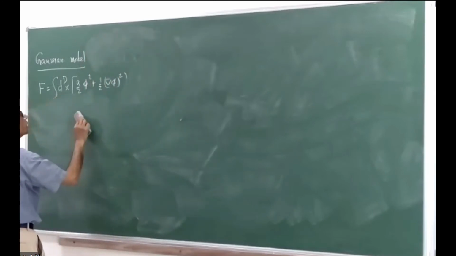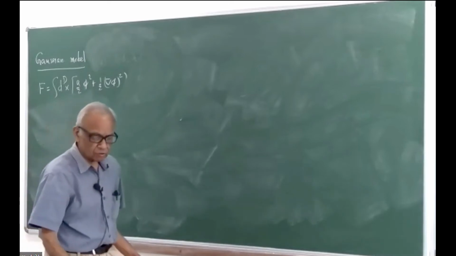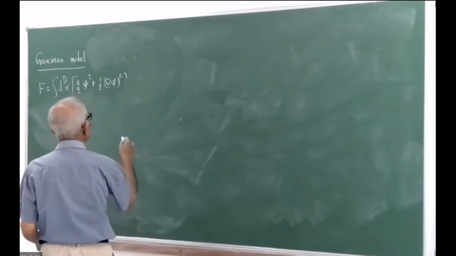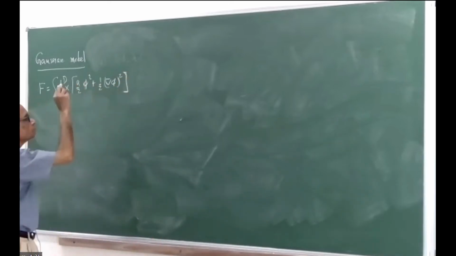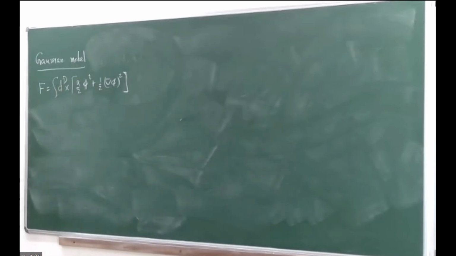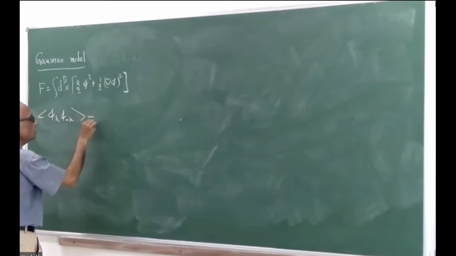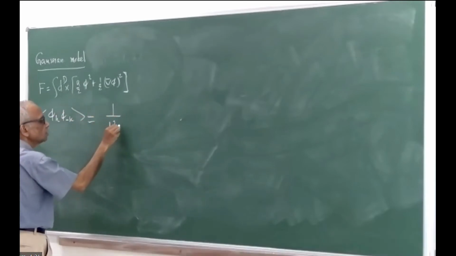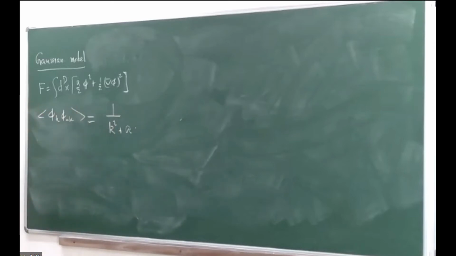Back to the Gaussian and looking at a couple of other things. That phi k, phi minus k, as we agree, is 1 over k squared plus c.